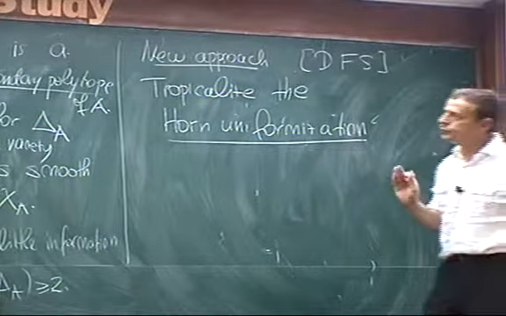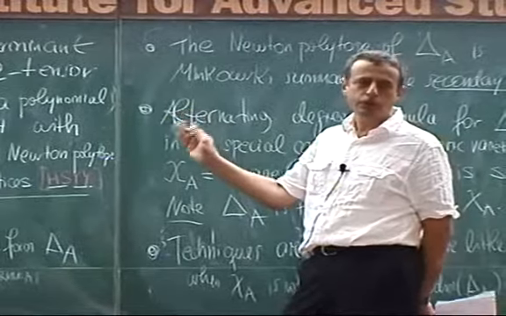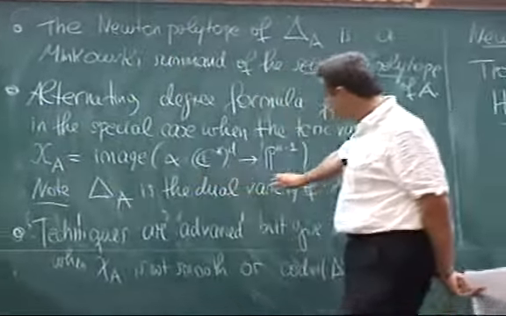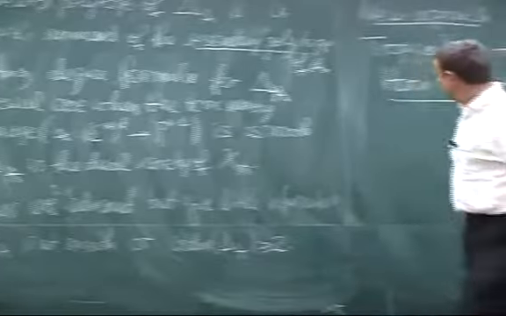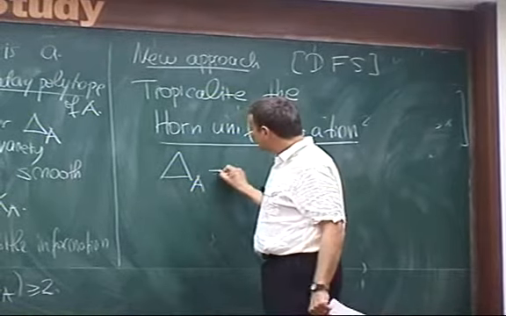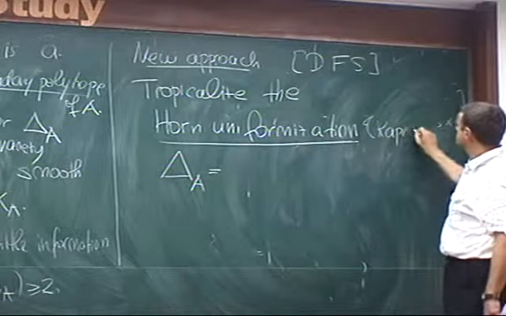So I've given you two descriptions of the discriminant. I've given you a description of the discriminant as coefficients that make the variety singular. I've given the description as a dual variety. But there's actually a very nice parametric description, and that's due to Kapranov, so this is Kapranov's Horn uniformization.